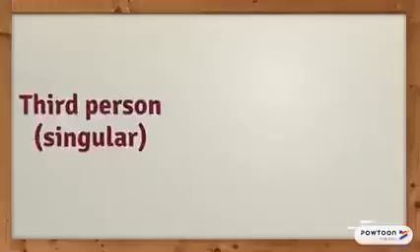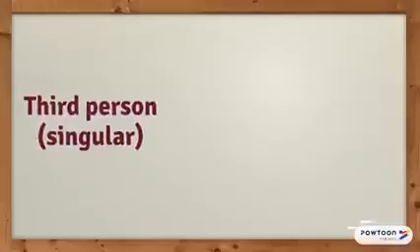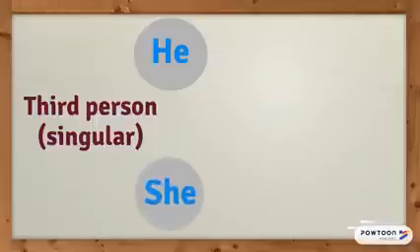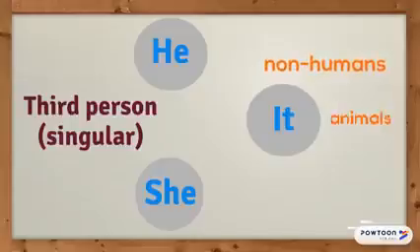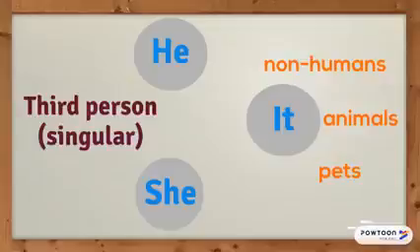Now, for the third person singular, the subject pronouns are he, she, and it. We use he for male, she for female, and the subject pronoun it is used for non-humans and animals, including pets.